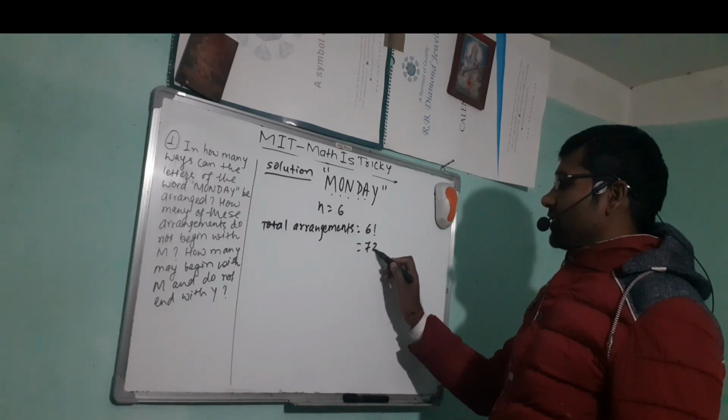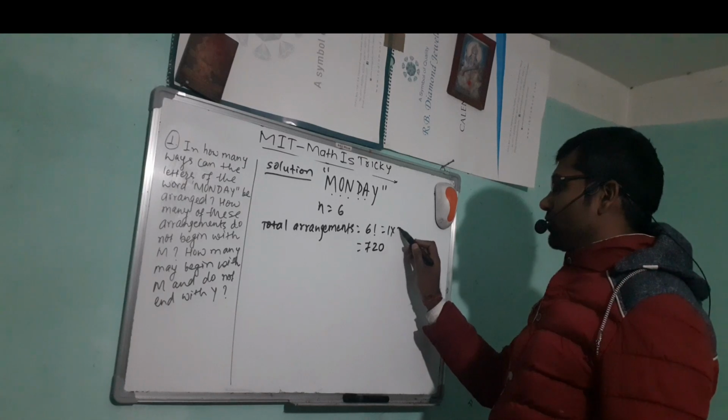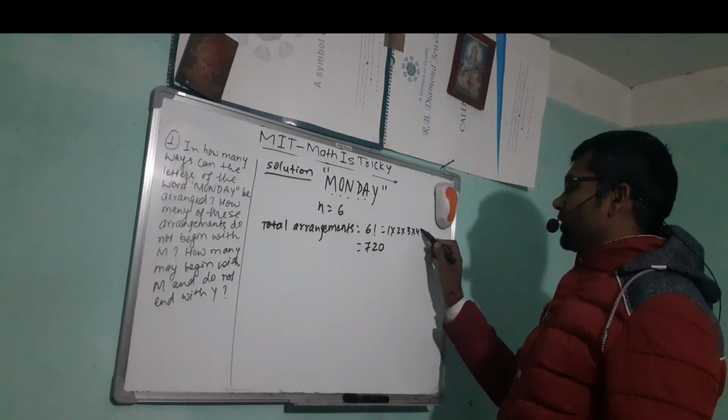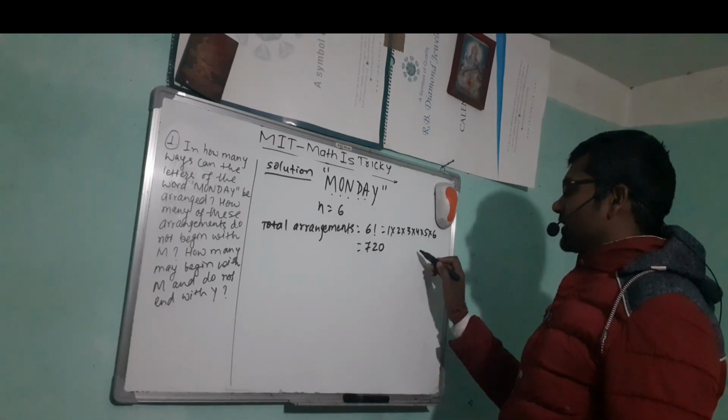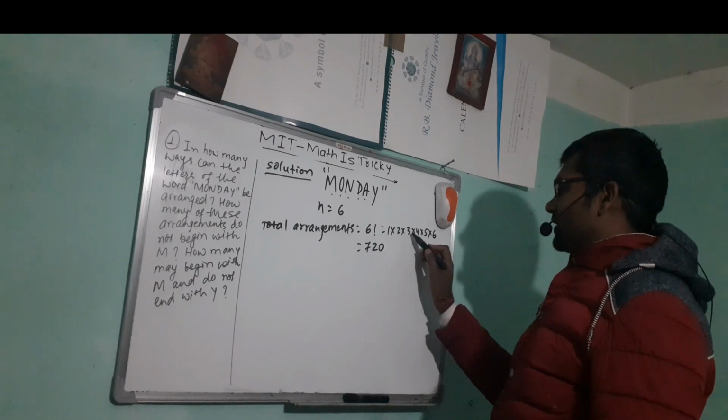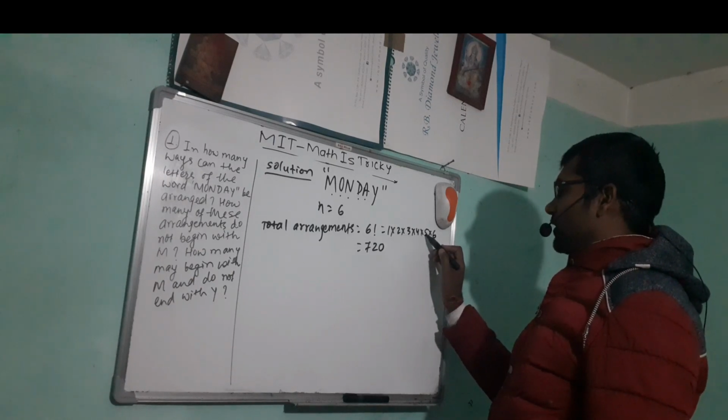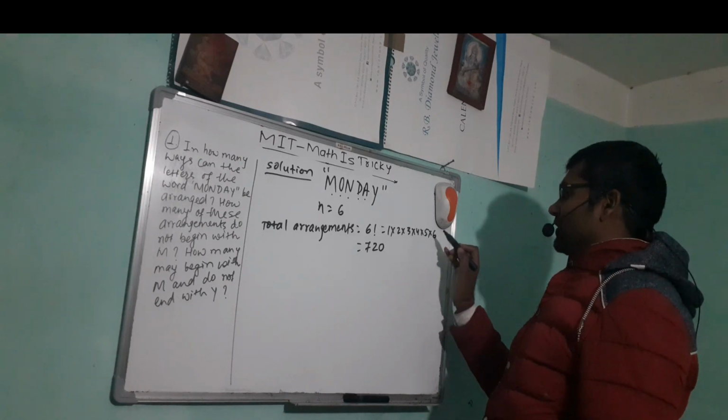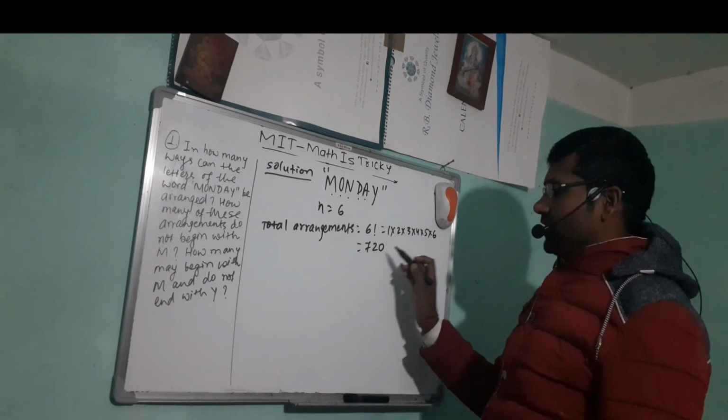It is 720. Equals 1 into 2 into 3 into 4 into 5 into 6. So it is 6 and 24, 120, into 4, 6 is 720.